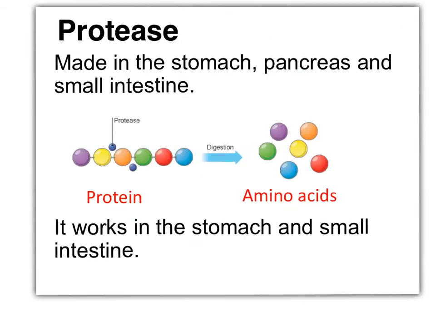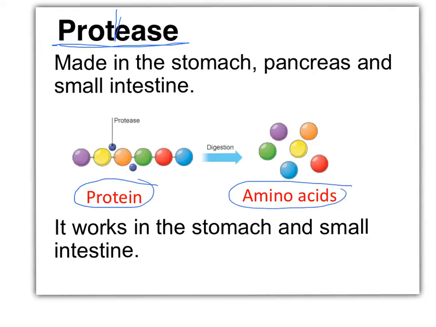If we look at some others, so protease, look at this word, protease. It breaks down protein into amino acids. Again, the protease is made in the stomach, the pancreas, and the small intestine. Okay, so you can see the only difference here is that it's not made in the mouth, but it is in the stomach.